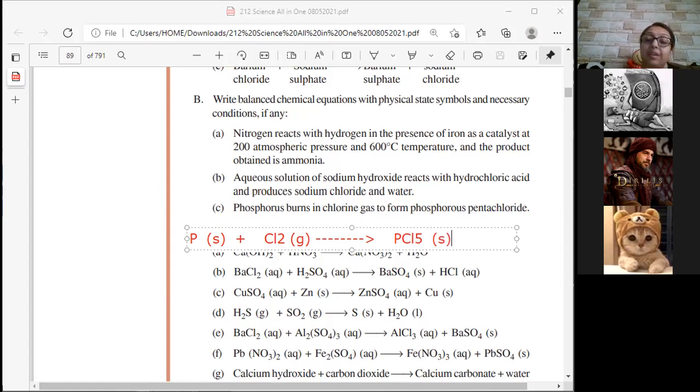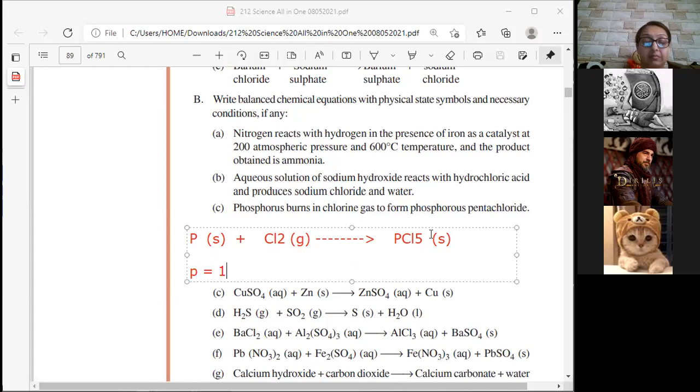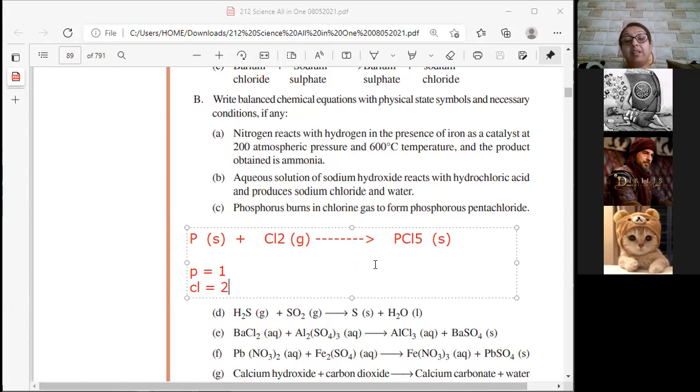Okay, now I have written the elements. I have written their physical state. But tell me, is this a balanced equation? No, ma'am. I've got P1, and here also I've got P1. Am I right? Yes, ma'am. And here I have Cl5. Now what do I do?